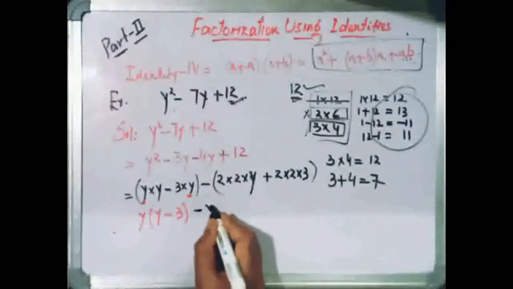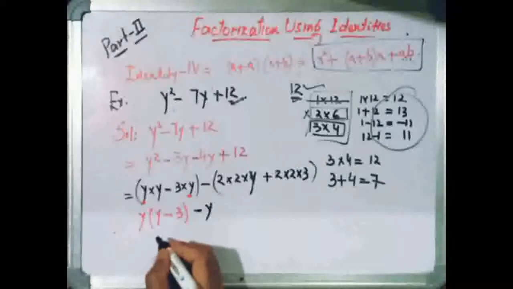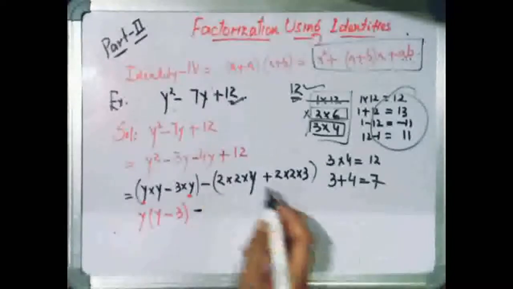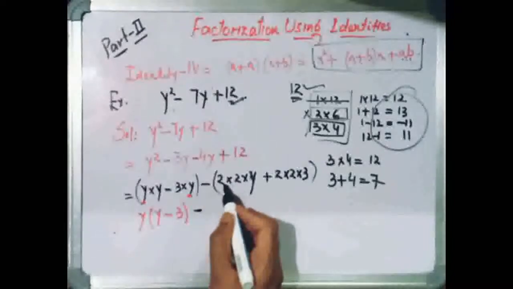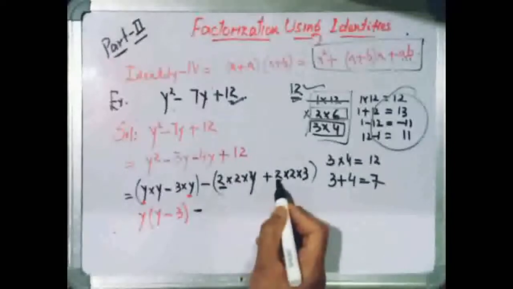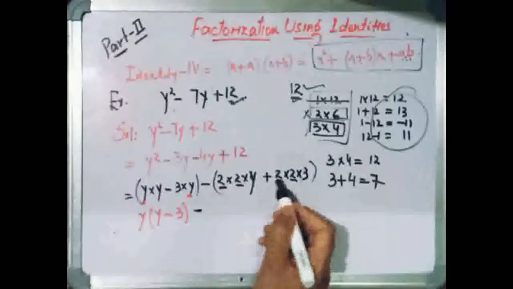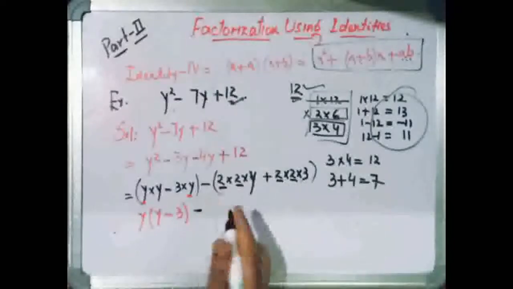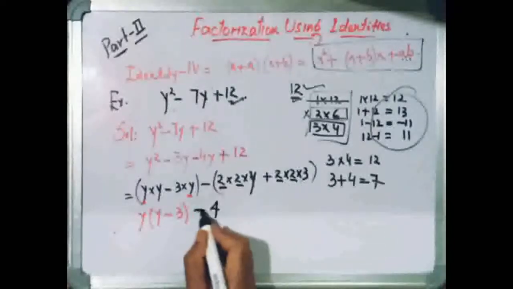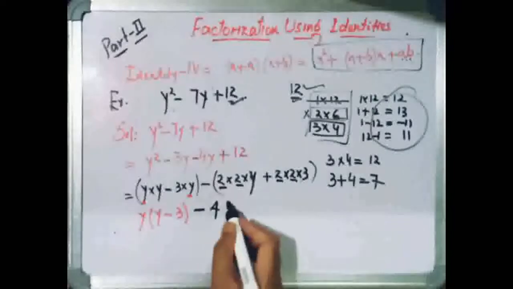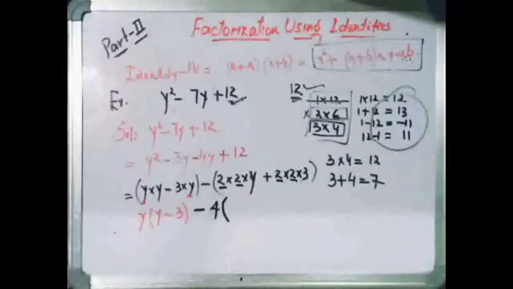What's the common factor here? It is 4. So we take minus 4 as a common factor.